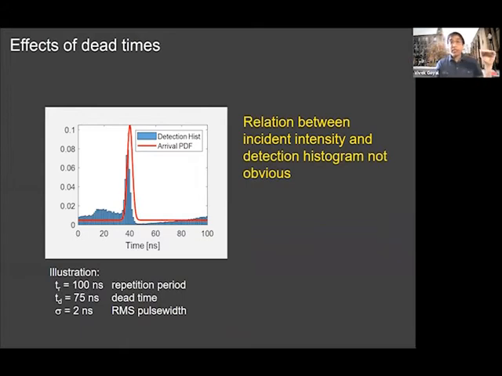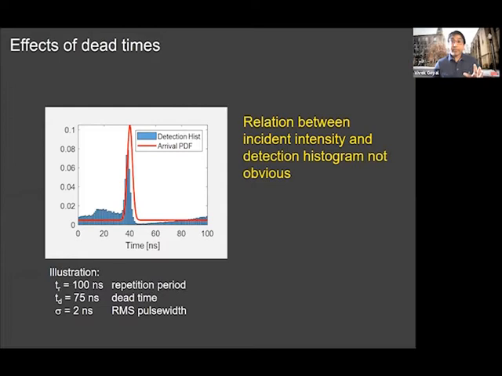Okay, then what's shown in blue is the detection time histogram that results from the repetition period being 100 nanoseconds, the detector having a dead time of 75 nanoseconds, and the illumination pulse width being 2 nanoseconds.